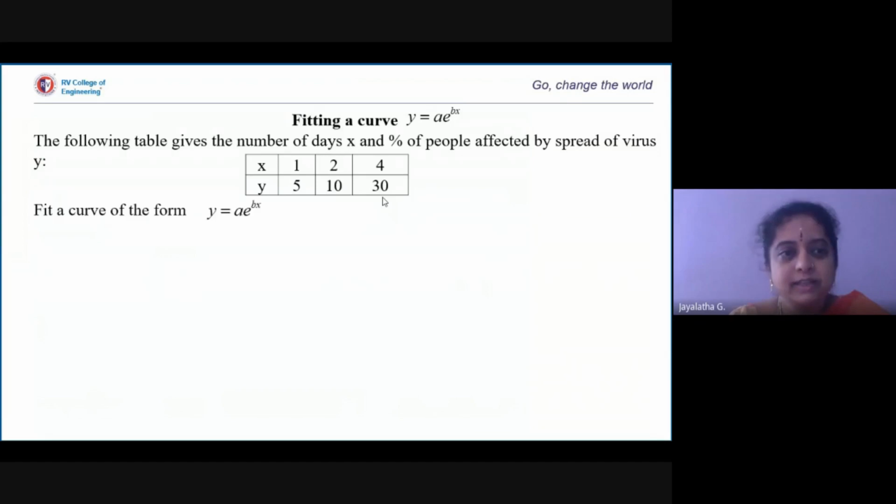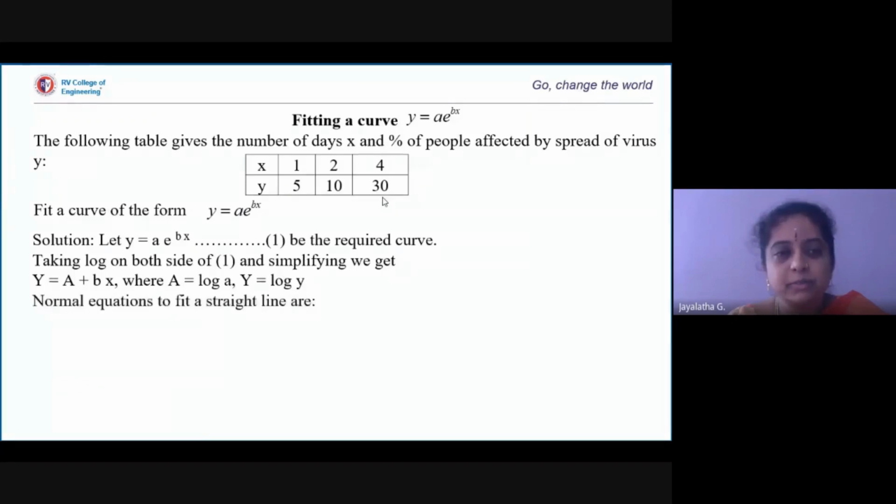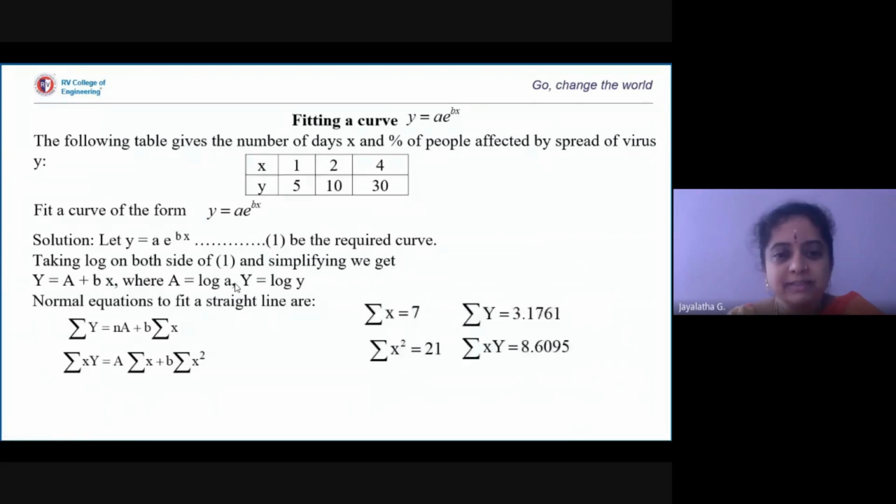So let's see. You have a curve. Now what you do, you just take log on both sides to reduce it to a straight line form and use the notation capital Y for log Y and capital A for log A. Corresponding normal equations are given by this. And these are the summation values.